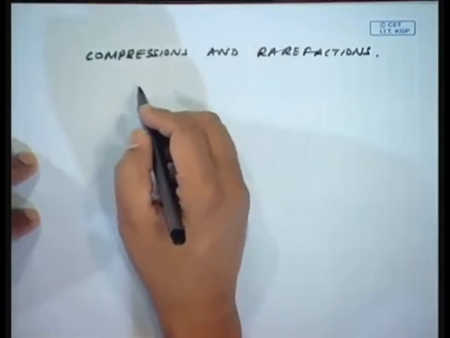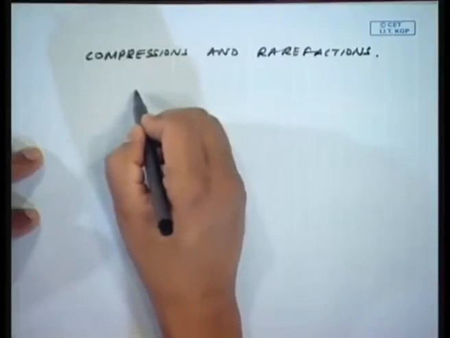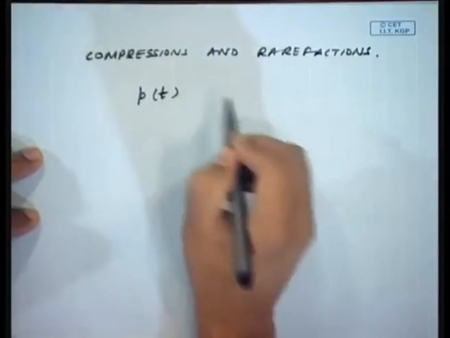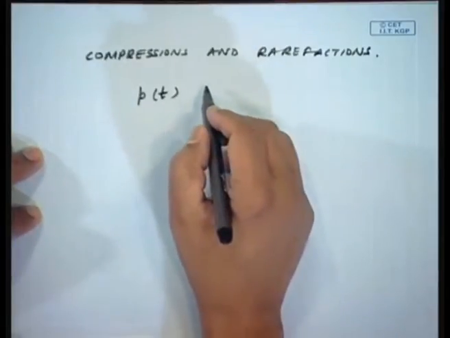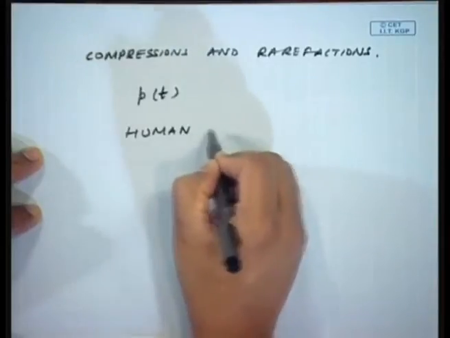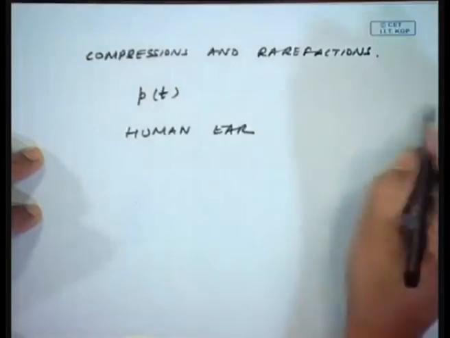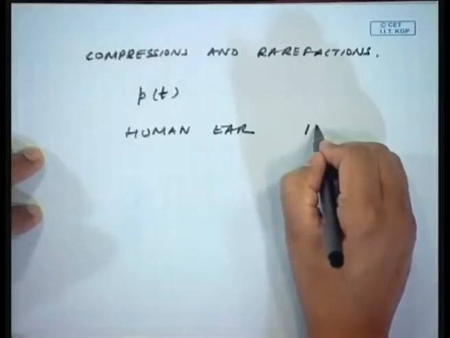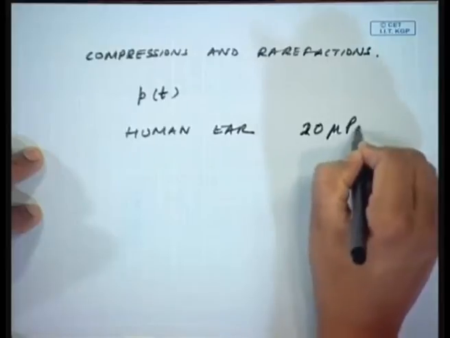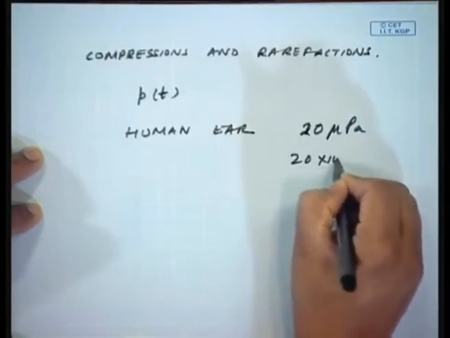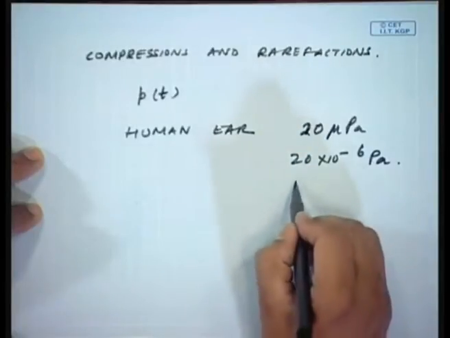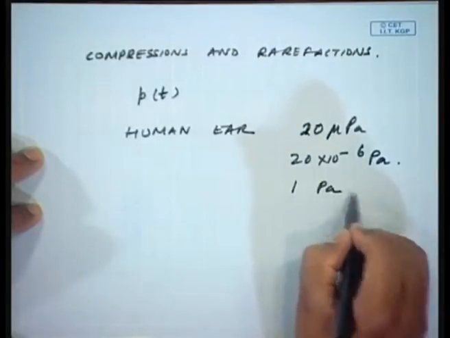Now, coming back to this sound pressure level or pressure which you hear, P t. Now, this P t is a very, very small quantity, and our human ear can hear as low as 20 micropascals, that is 20 into 10 to the power minus 6 pascals, to as high as 1 to 2 pascals.